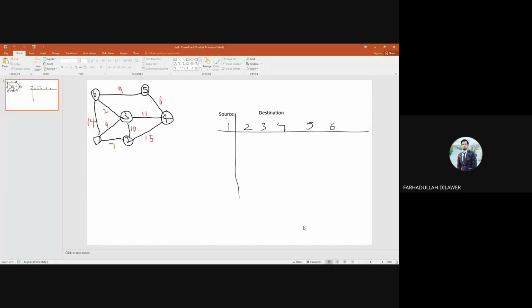Yes, sir. Okay, this is a graph. This is a weighted graph in which we have 6 vertices, 6 nodes. And the goal of the algorithm is to find the single source shortest path.